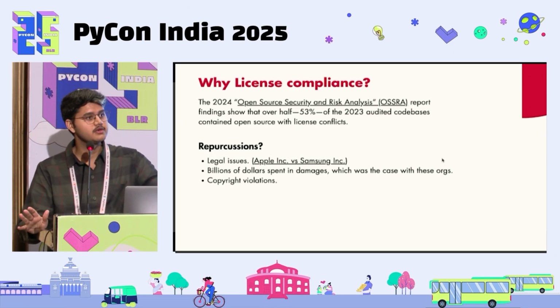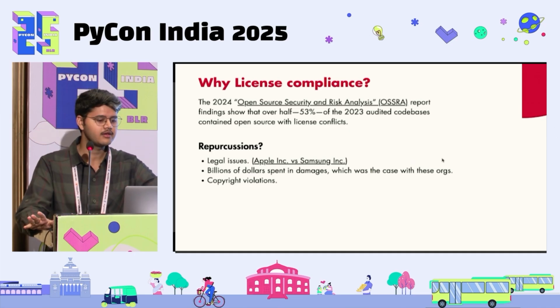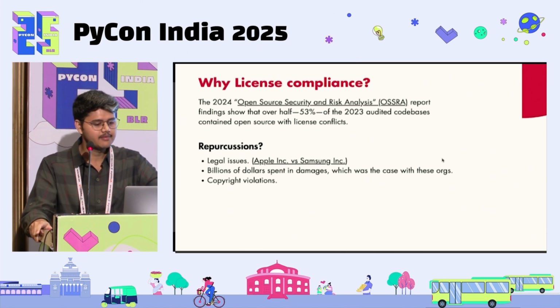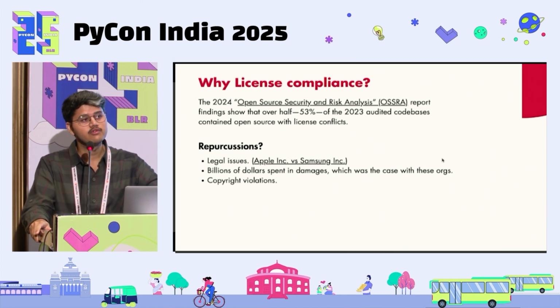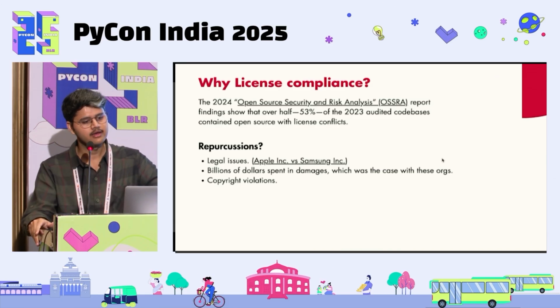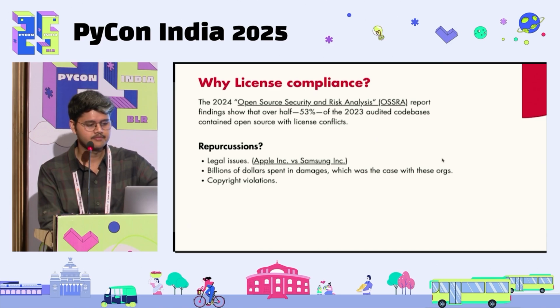It's such a huge number. It's more than half. And if you think about the repercussions, these are massive. These are skyrocketing. For instance, I remember there was a legal battle between Apple and Samsung, which led to a $1 billion plus lawsuit, which was settled a few years back. And these are just the repercussions that we are talking about.